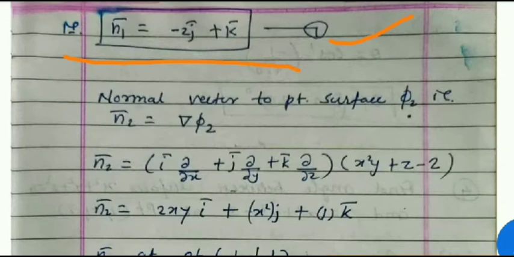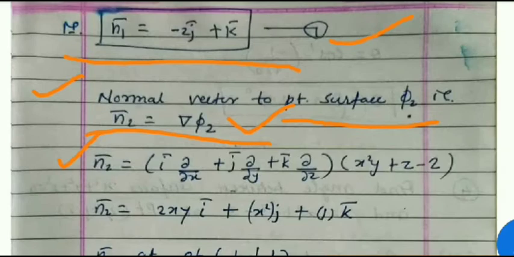Now calculate the second normal vector to surface phi 2, that means n2 bar equals del phi 2, because we are calculating the normal vector for the second surface. So the second normal vector is n2 bar. You know very well how to calculate the normal vector.